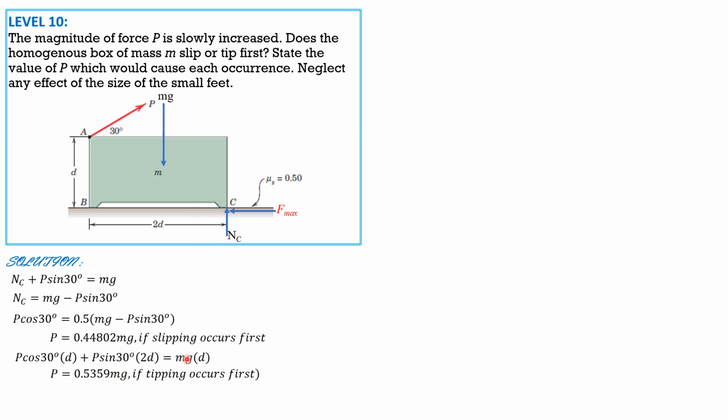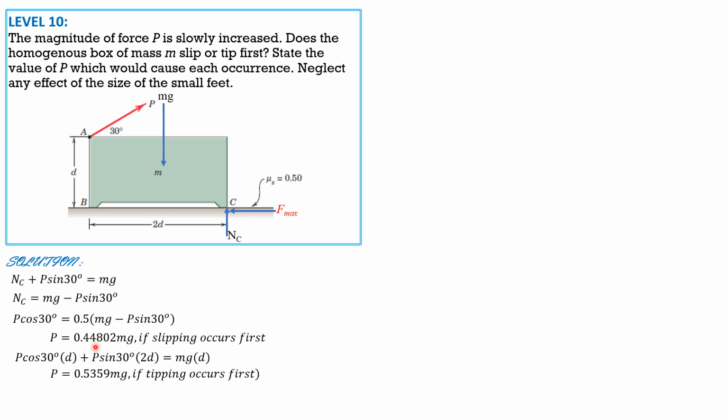Since when P is 0.4480 of mg, the uniform or homogeneous box is about to slip, it will require a greater value of P for the box to tip. Therefore, when P is 0.4480, lower than this, the uniform box is about to slide.